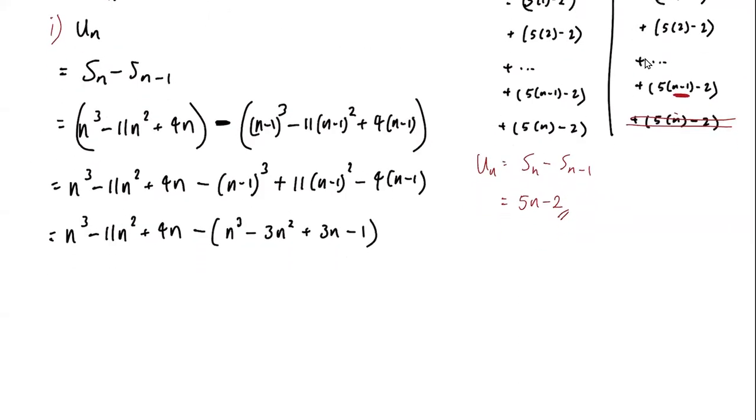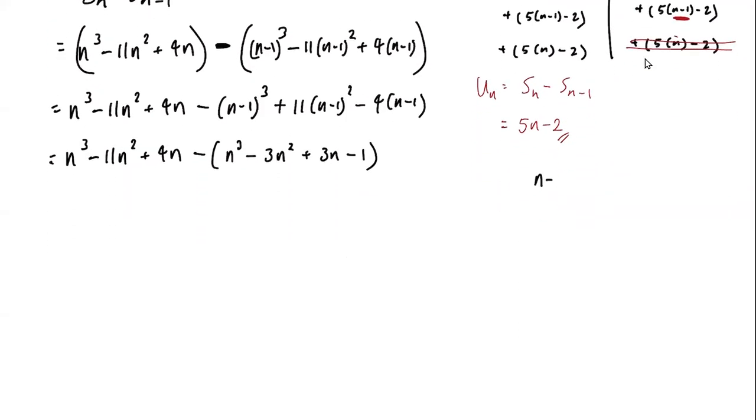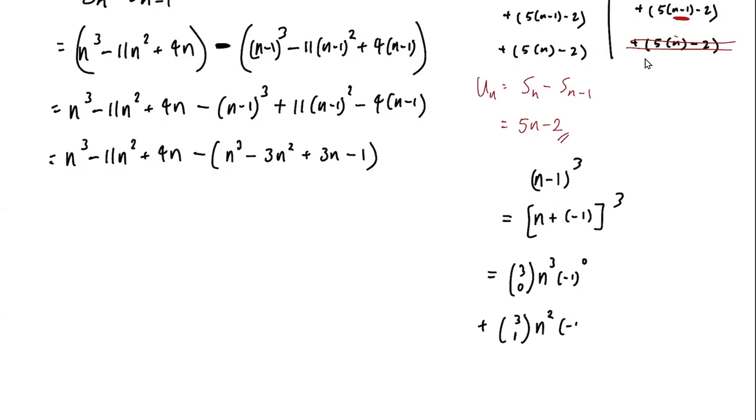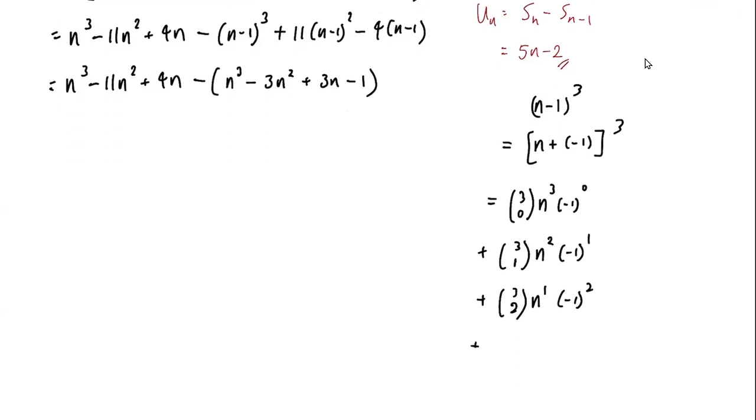If you want to use the binomial formula, here's how you do it step by step. It's really just (n plus negative 1) to the power 3. So we have 3 choose 0 n to the power 3 times negative 1 to the power 0, plus 3 choose 1 n squared times negative 1 to the power 1, plus 3 choose 2 n to the power 1 times negative 1 to the power 2, plus 3 choose 3 n to the power 0 times negative 1 to the power 3.